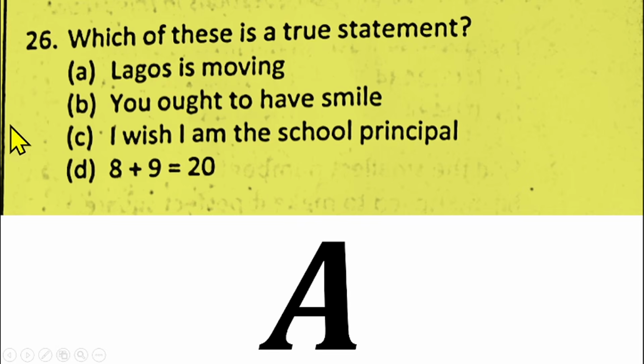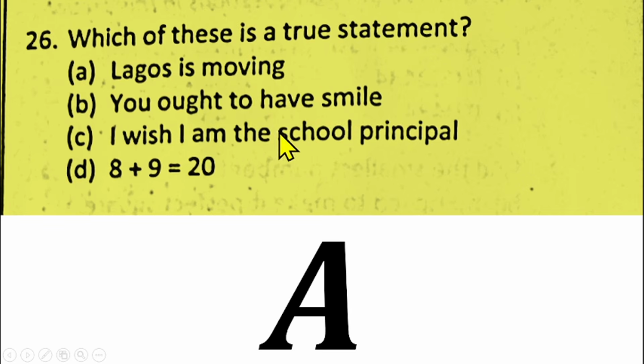That is wrong. Option D is the correct answer because a statement is a declarative sentence which is either true or false, but not both. So "Lagos is moving" is not a complete sentence. "You ought to have smiled" is not a statement either.